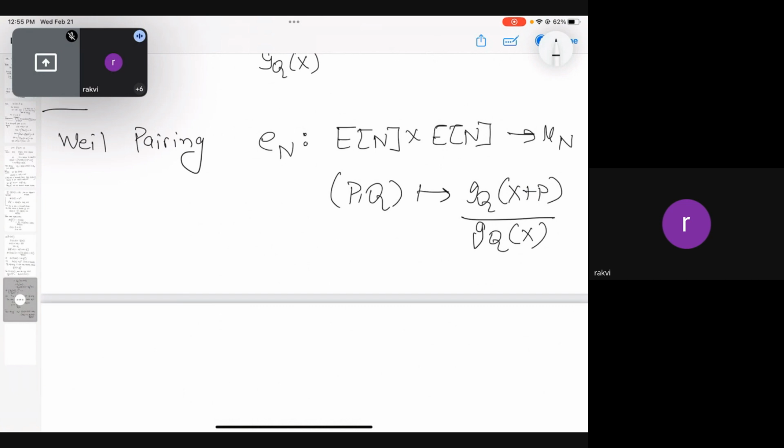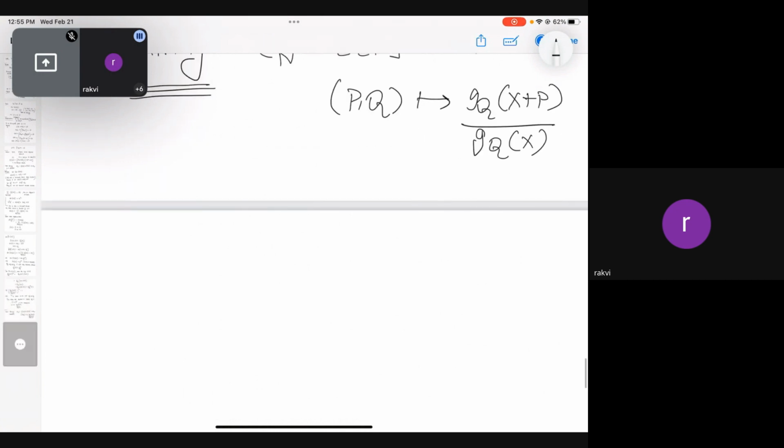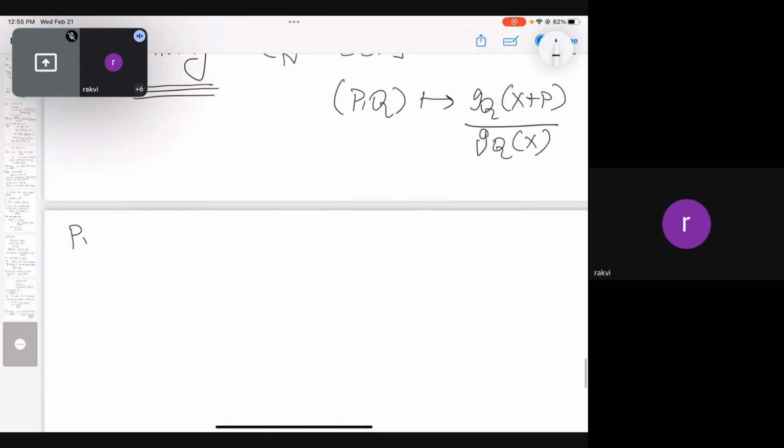So basically, it's all about choosing poles and zeros, right? We'll see how we can cleverly choose that. So we'll make these things more explicit in the next lecture. But this is a pairing. So whenever you see this word pairing, it means that it satisfies some nice properties. So here are some properties of the Weil pairing.